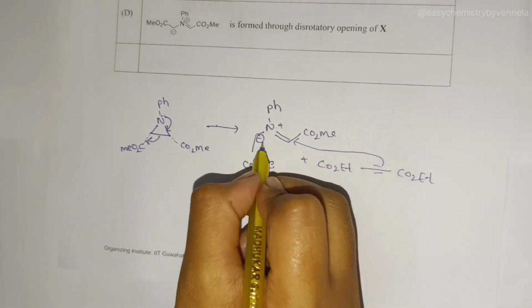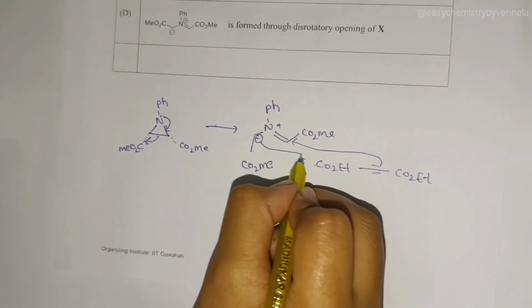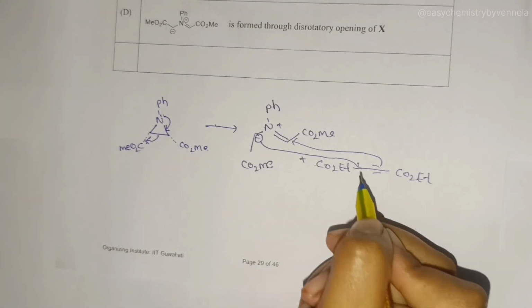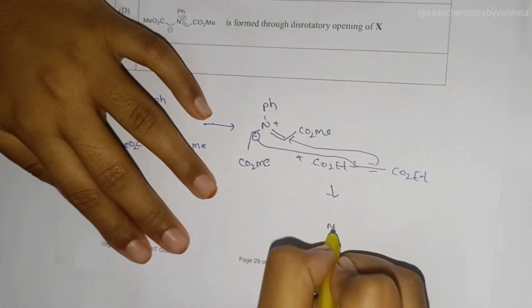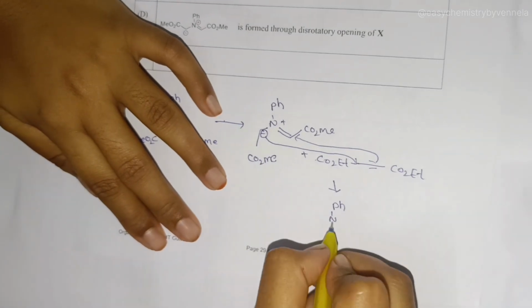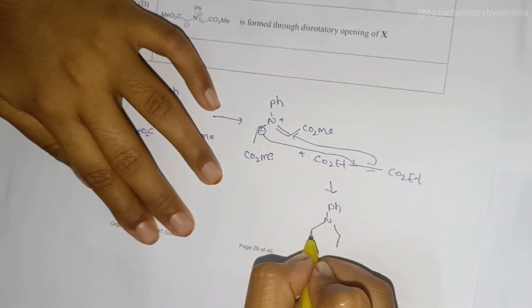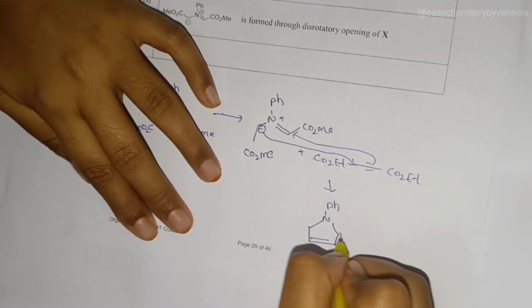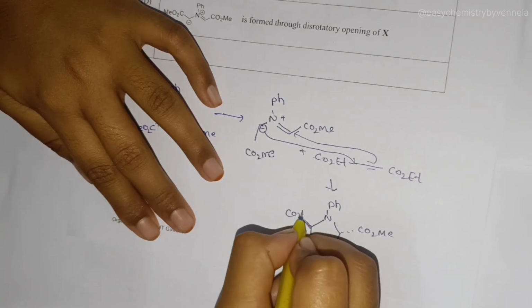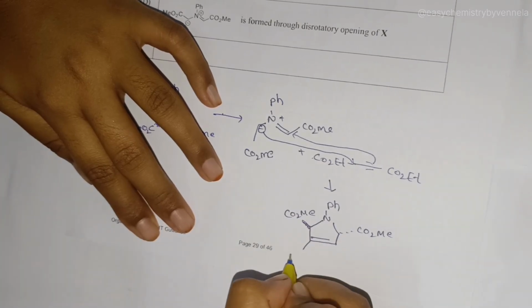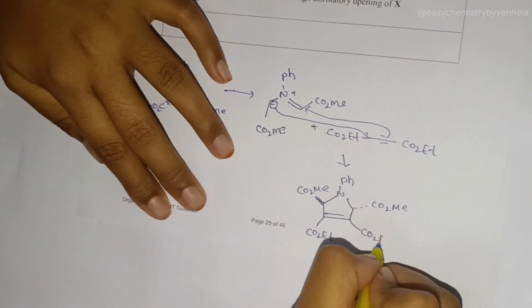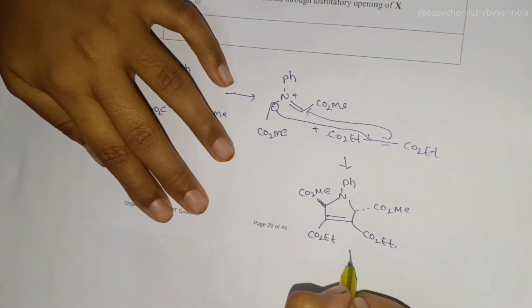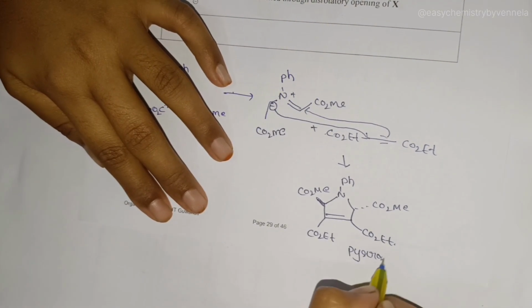This will attack here, and it will attack here. So it can form a 5-membered pyrrole derivative. It is the pyrrole derivative.